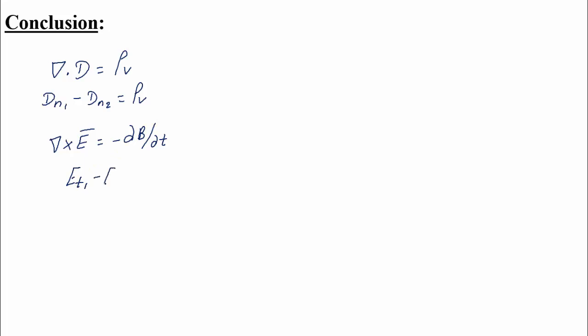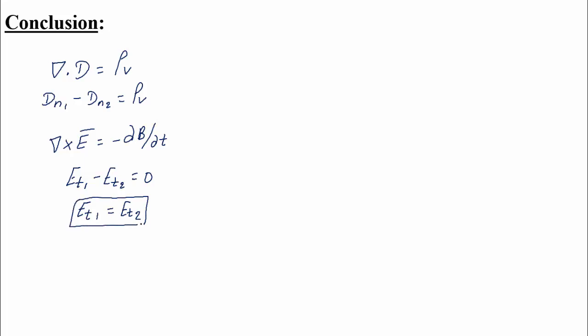So we got del dot D equals rho V, that is Dn1 minus Dn2 equals rho V. Plus or minus will be taken care of by Dn1 and Dn2. Now if I am talking about curl E equals minus dou B divided by dou T, this indicates that E tangential 1 minus E tangential 2 equals 0, that is E tangential 1 equals E tangential 2.